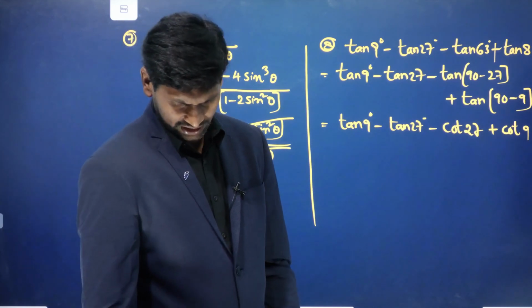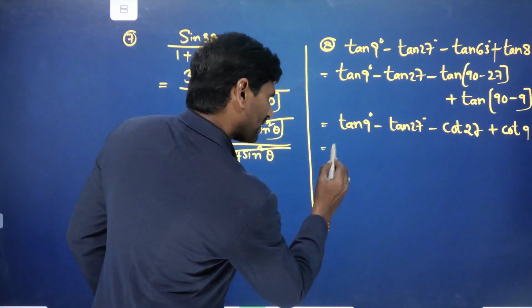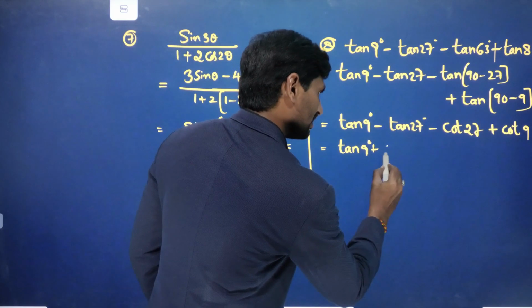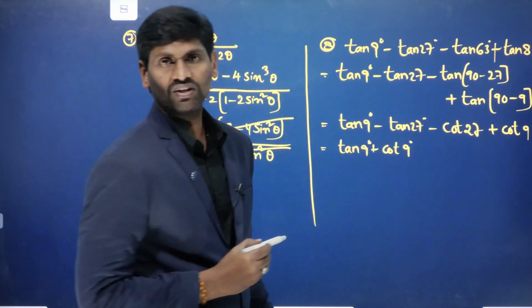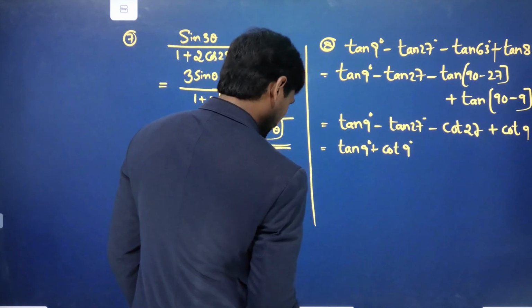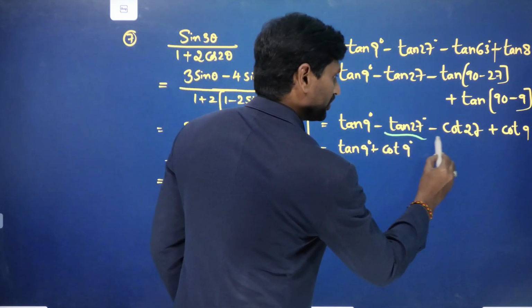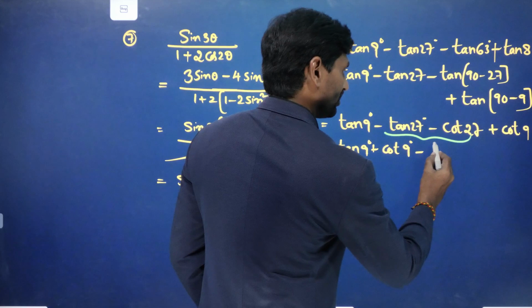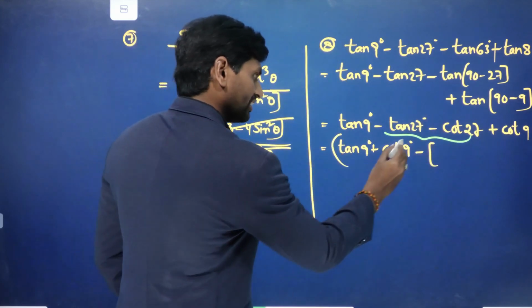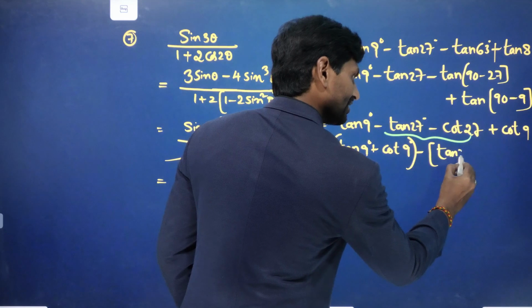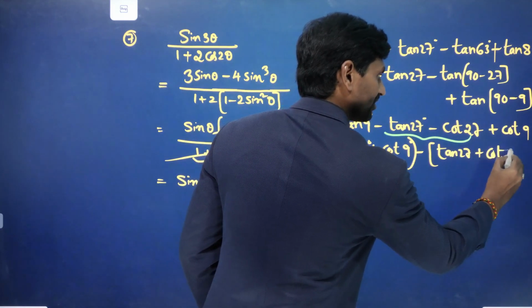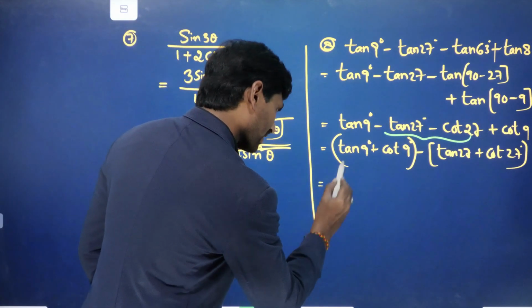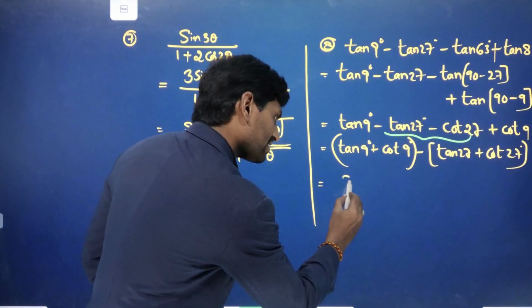So I am writing the similar angles together: tan 9 degrees plus cot 9 degrees. And the middle two terms, tan 27 and cot 27, both have negative signs now, so I am taking minus common between them. We get tan 27 plus cot 27. Try to convert them into the possible ratios.